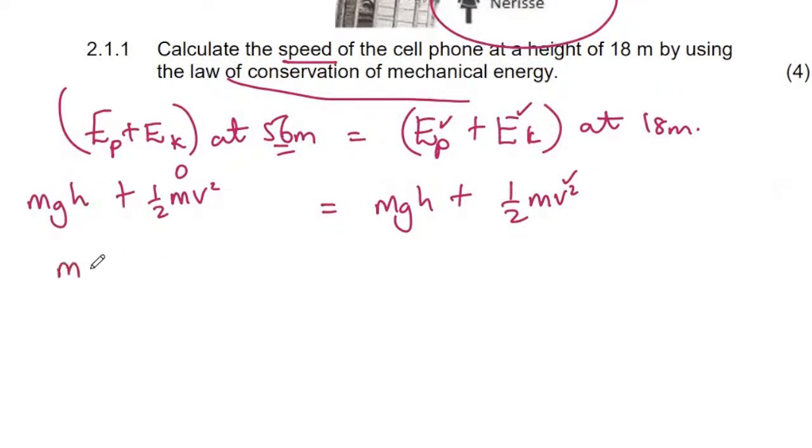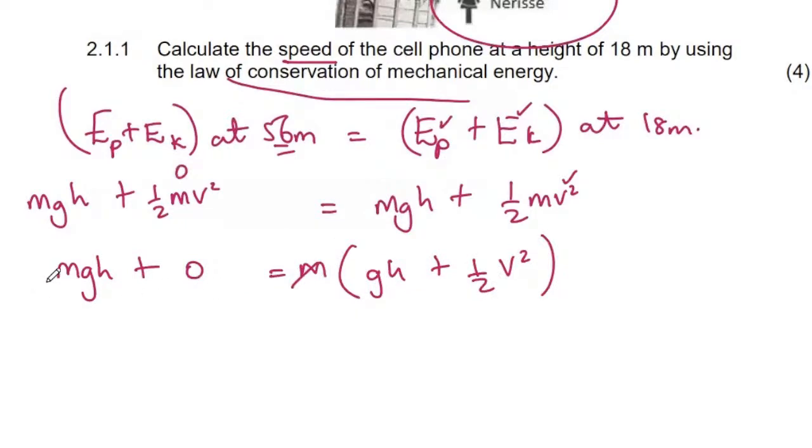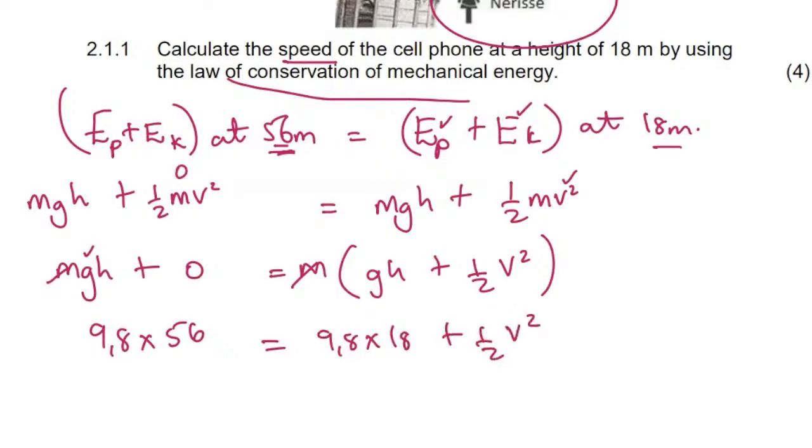So this m cancels that m, and then my acceleration due to gravity is 9,8. Our height is 56, is equal to this gh, which is 9,8 at the height of 18, then plus a half v squared.